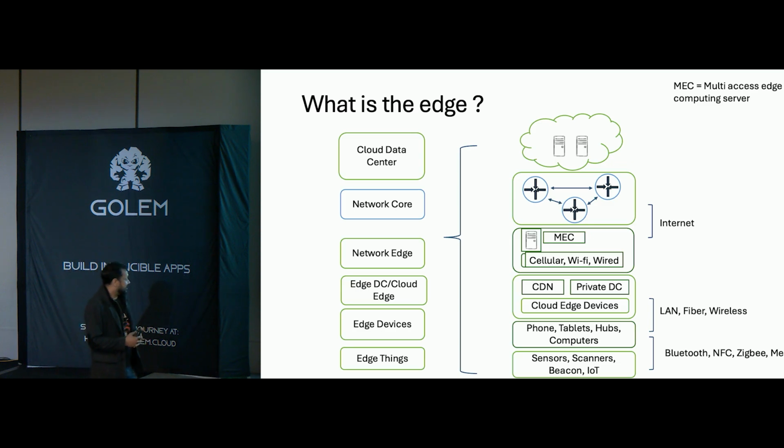The next level is the edge cloud devices. These are private data centers, and this is where a range of products come into play, where we have cloud edge devices, which we will talk about later. We have your CDNs, and we have your private data centers. They are not in the cloud, but they are still heavily connected, so there's better connectivity still.